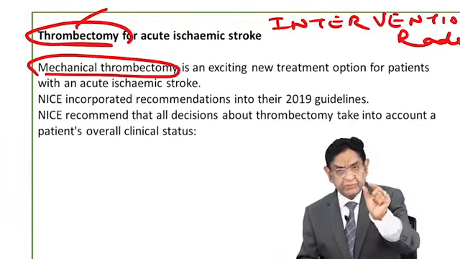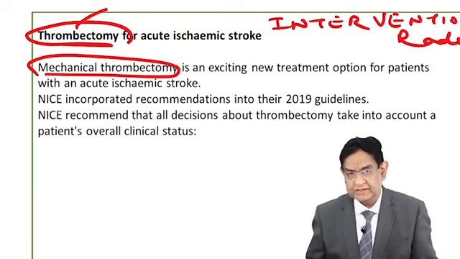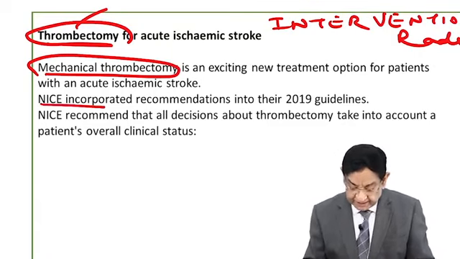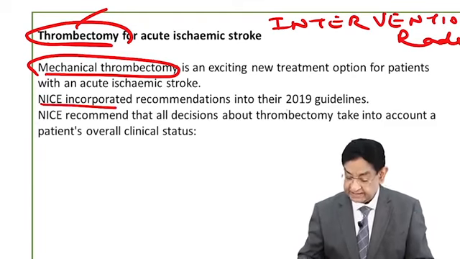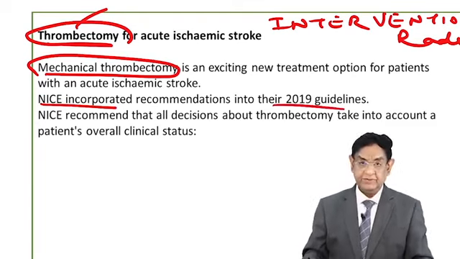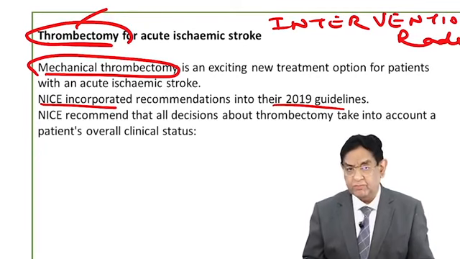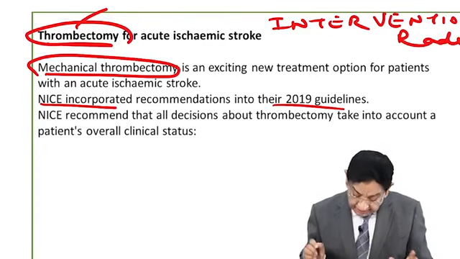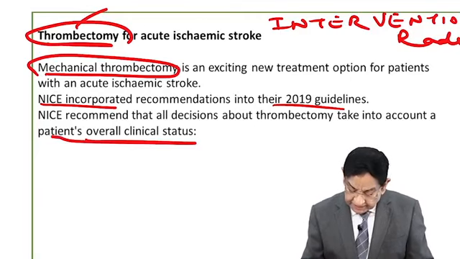You are actually removing the clot mechanically. This is a new thing added as per the NICE guidelines 2019. Let's learn more about the NICE guidelines, but all depends on clinical status.